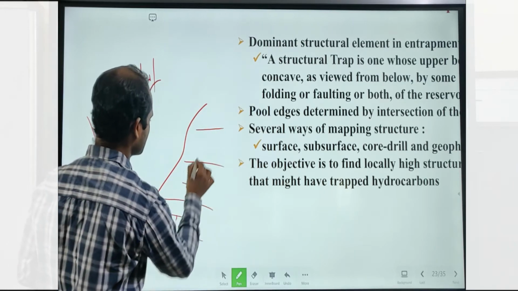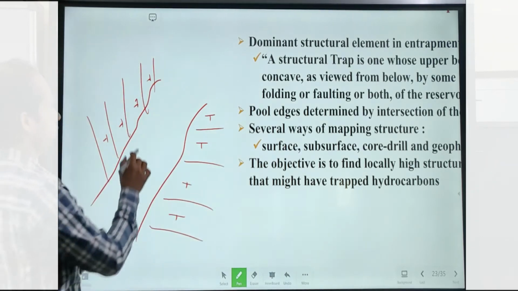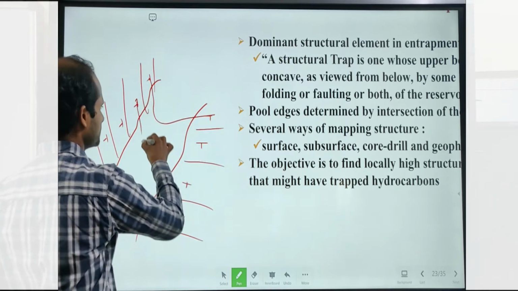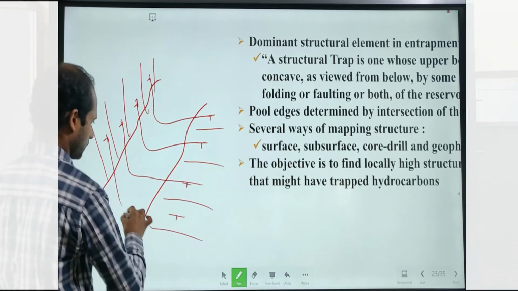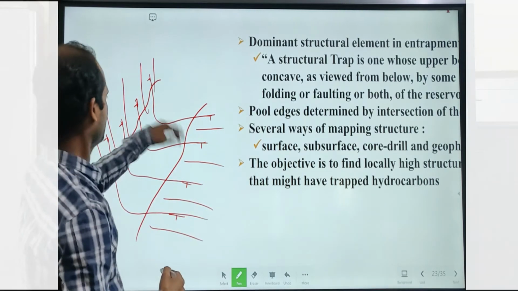This is how we measure. This is the representation of dip and strike, as you must know. We usually join strike with strike to determine the bedding. This is how the beds are dipping, and we can infer from it.